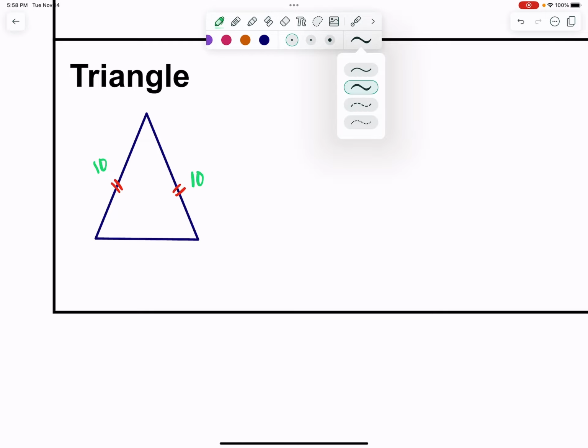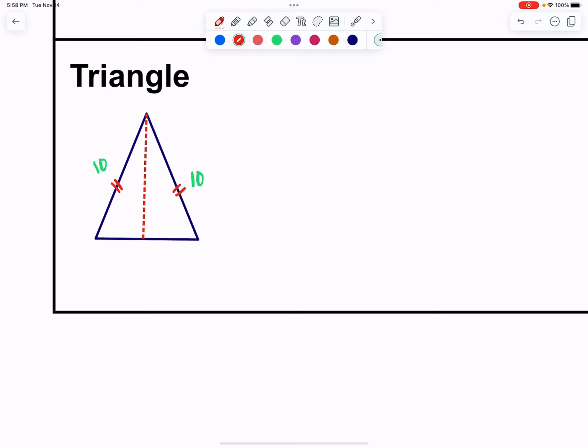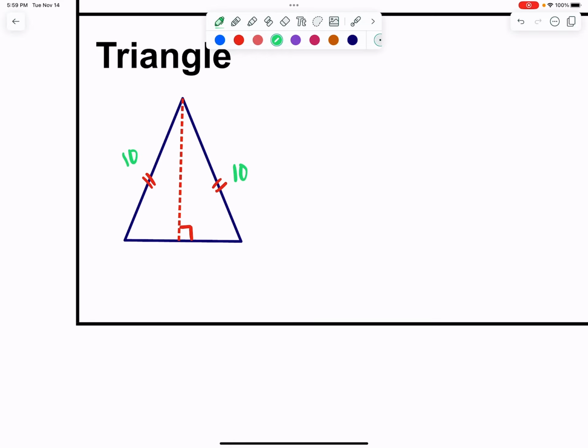In this case, the height of my triangle is going to drop straight down from the middle, from that top vertex, and it's going to make a right angle with the base. So you get the base along the bottom, and you get the height in the middle.